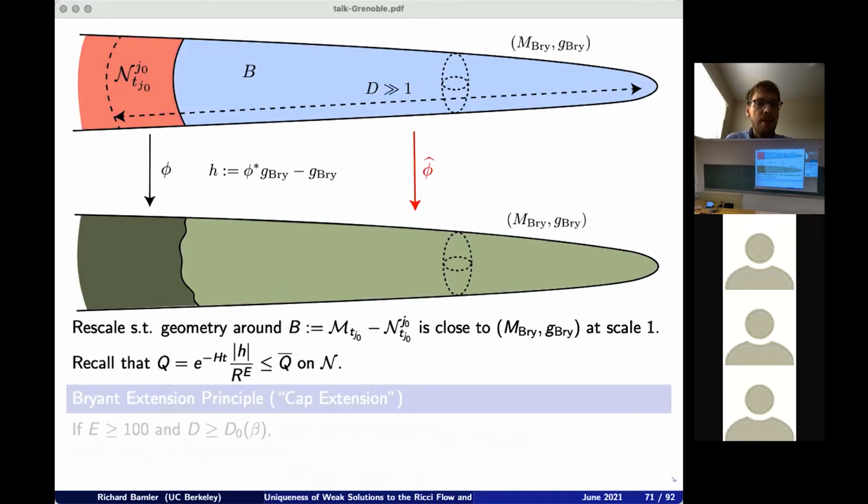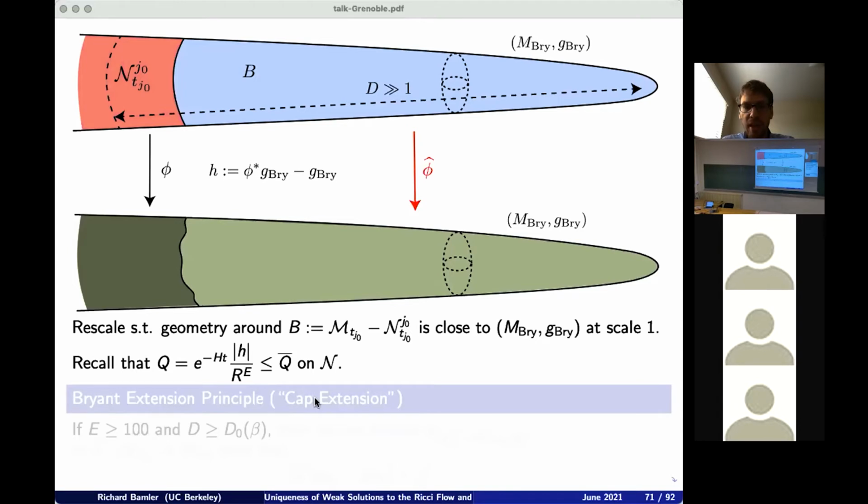But the important thing that I want to mention is that as I move away here to the left, the scalar curvature goes to 0. And so this bound will imply that H decays polynomially approximately at the rate E.